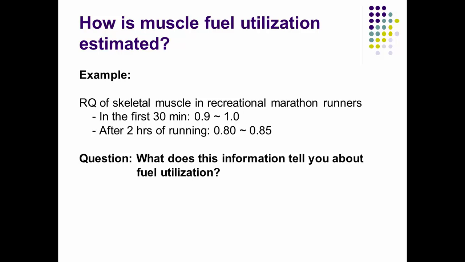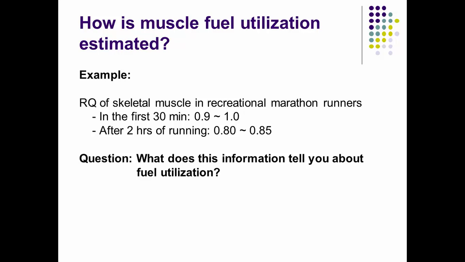You burn more fatty acids after 2 hours. Yes, thank you, very good. During the early 30 minutes of running, they use more carbohydrate, right? This runner used more carbohydrate for ATP production in the muscle. After 2 hours of running, the utilization of fuel actually switched a little bit.